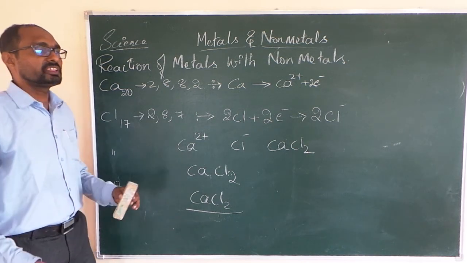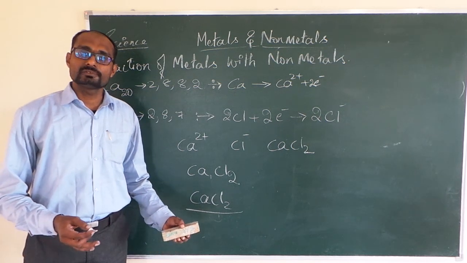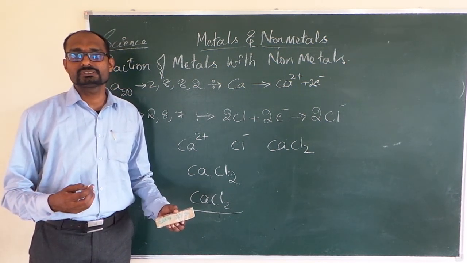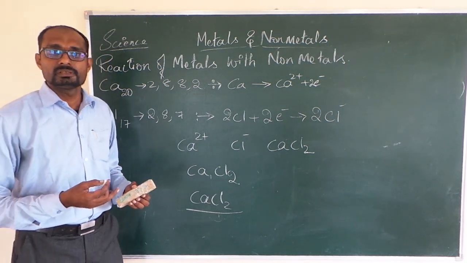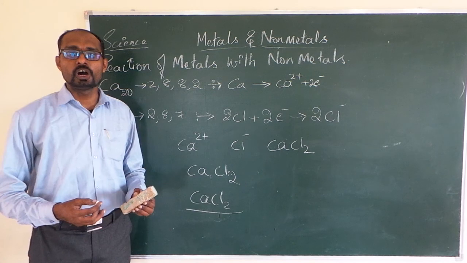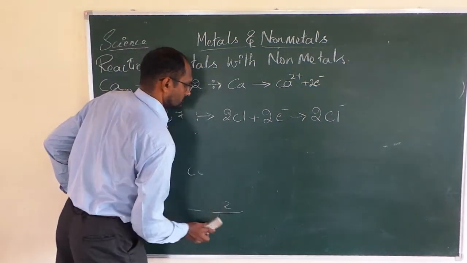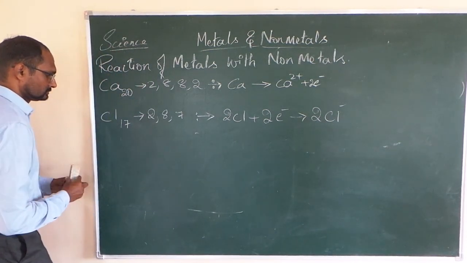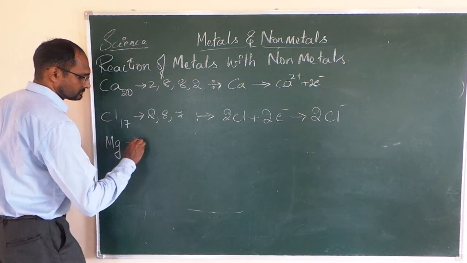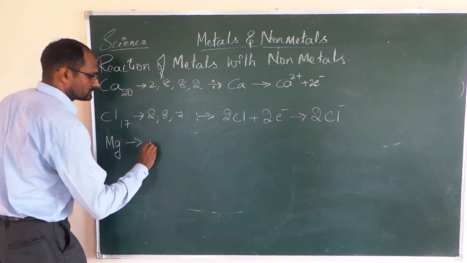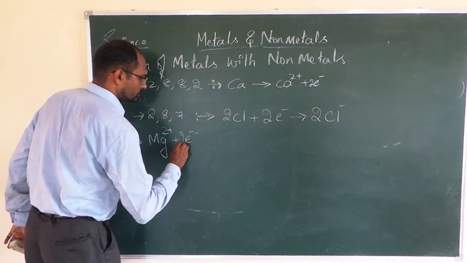Similarly, if magnesium combines with sulfur, sulfur gains 2 electrons to become S2- ion, and magnesium loses 2 electrons to form Mg2+ ion. Then what happens? Magnesium gives away 2 electrons to form Mg2+ ion.